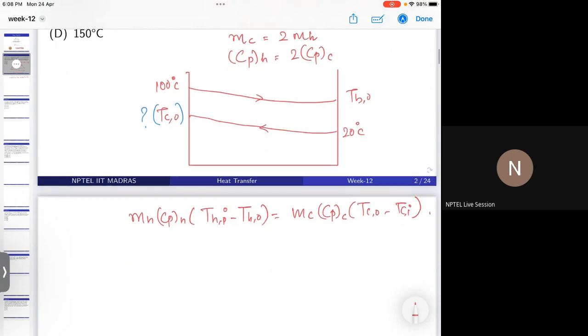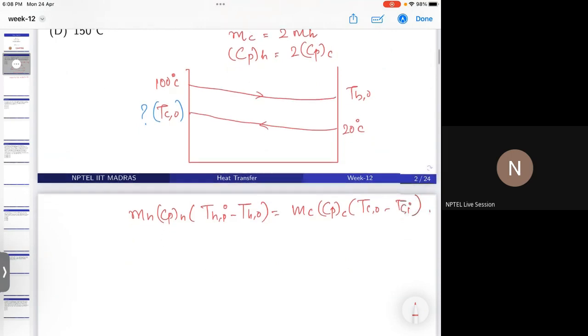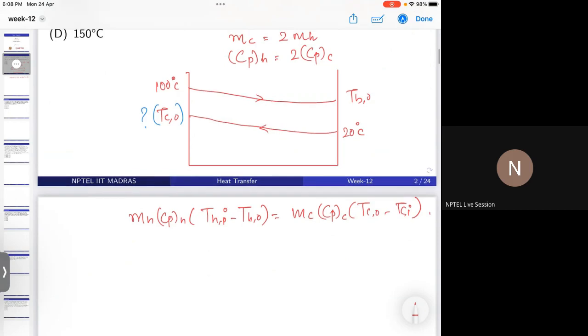If you convert everything to one of these, the heat capacities both cancel out.